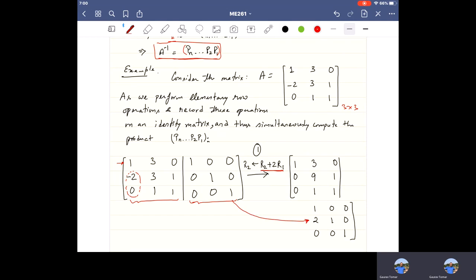Now you have reduced these two numbers to 0, and you have obtained our P1 matrix. If you perform another operation P2 on this, that modifies P1 with P2, and you get the product P2 into P1 on this side.